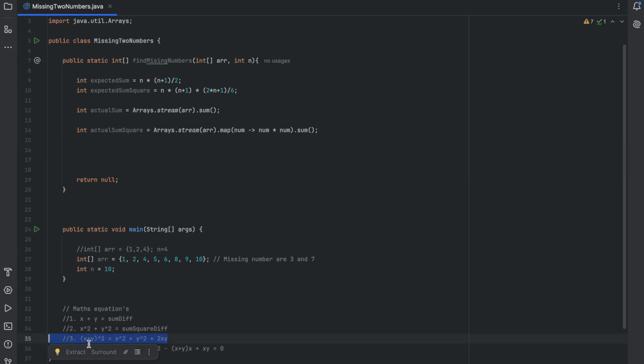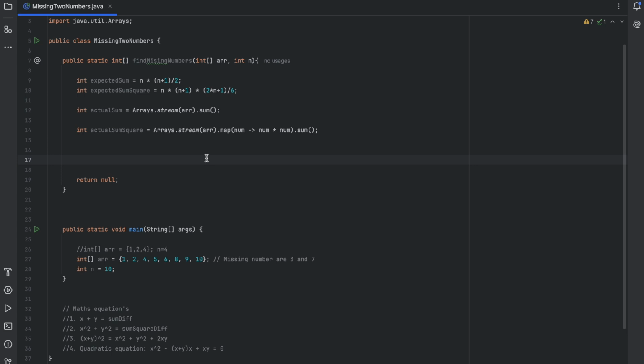x plus y, the square of x plus y is equal to x square plus y square plus 2xy, which will give us xy. We need this xy because we need this xy value in here. Okay, we have x plus y, we have xy, then we will be able to solve this problem.